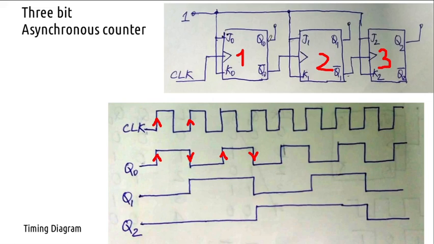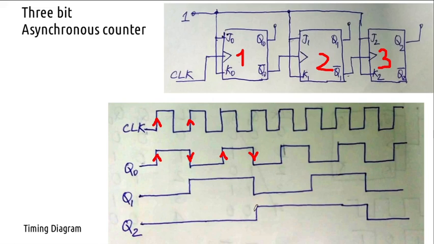Is that okay? Because they are complementary. Are you with me? So positive edge of Q0 bar corresponds to negative edge of Q0, right? And so that's why it's triggering at the negative edge of Q0.